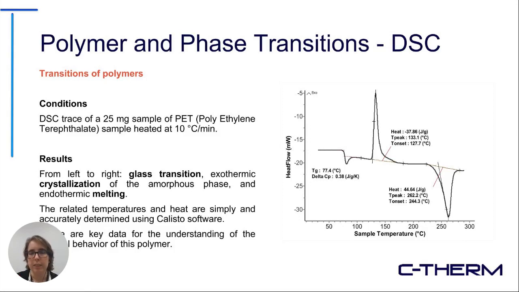Or in other cases, it might just look like a change in the slope, so a kink in the baseline of the heat flow signal. But in either case, it's pretty easy to resolve on a DSC signal. The second one is an exothermic crystallization of the amorphous phase of the polymer material, followed by the endothermic melting of the polymer.